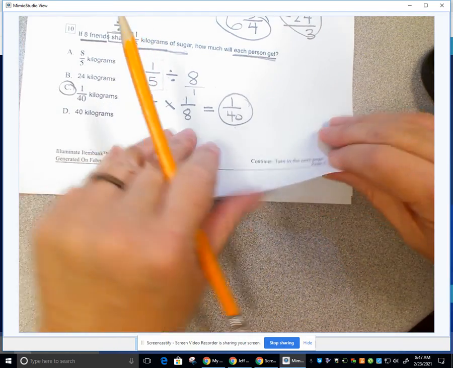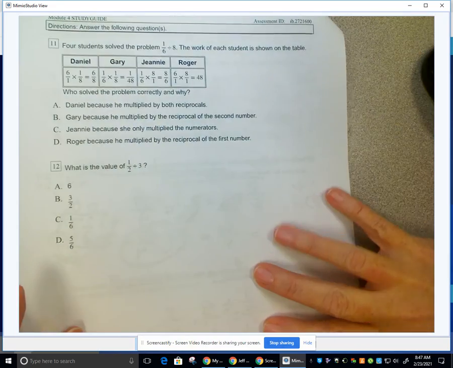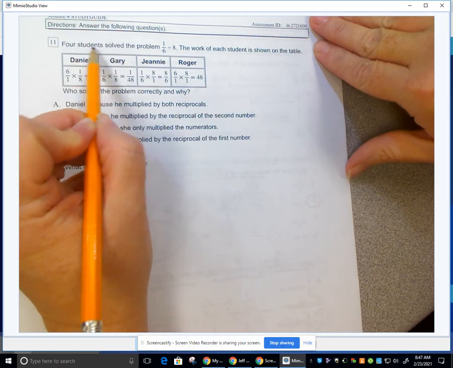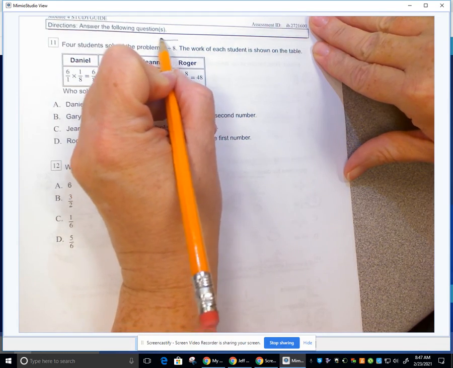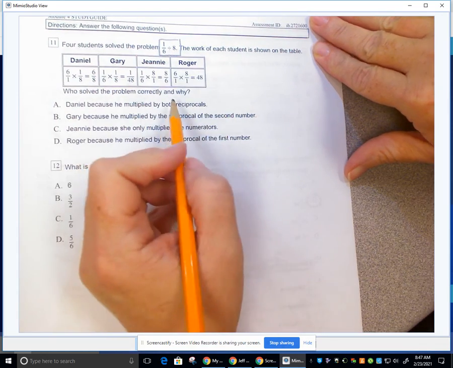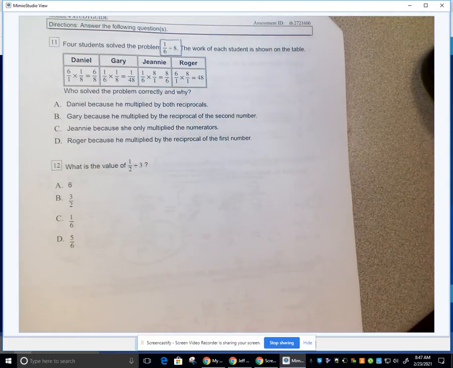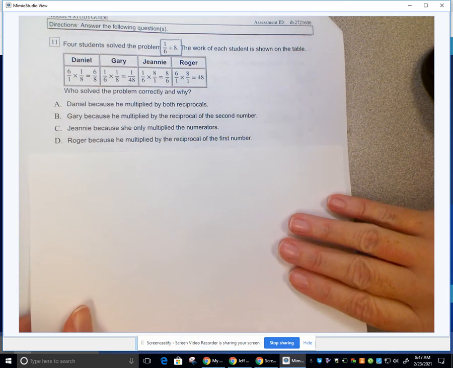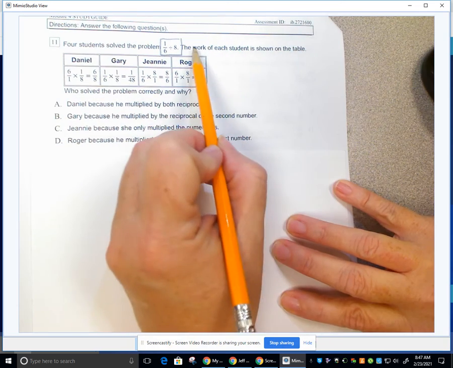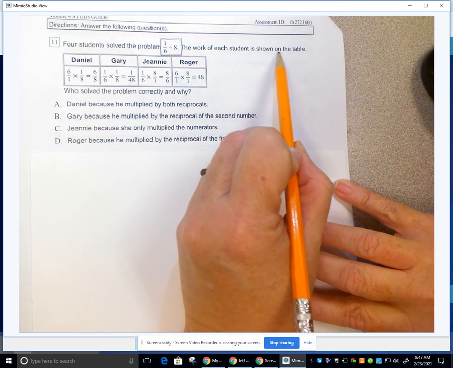Okay, let's go to number 11. All right, it says 4 students solved this problem. 1/6 divided by 8. And I need to cover this so that it doesn't all blend in. The work of each student is shown on the table.